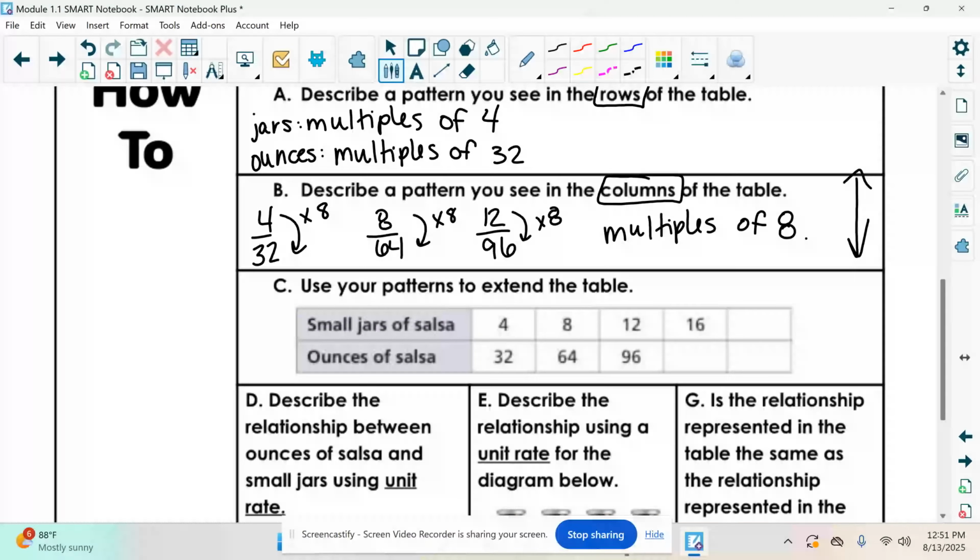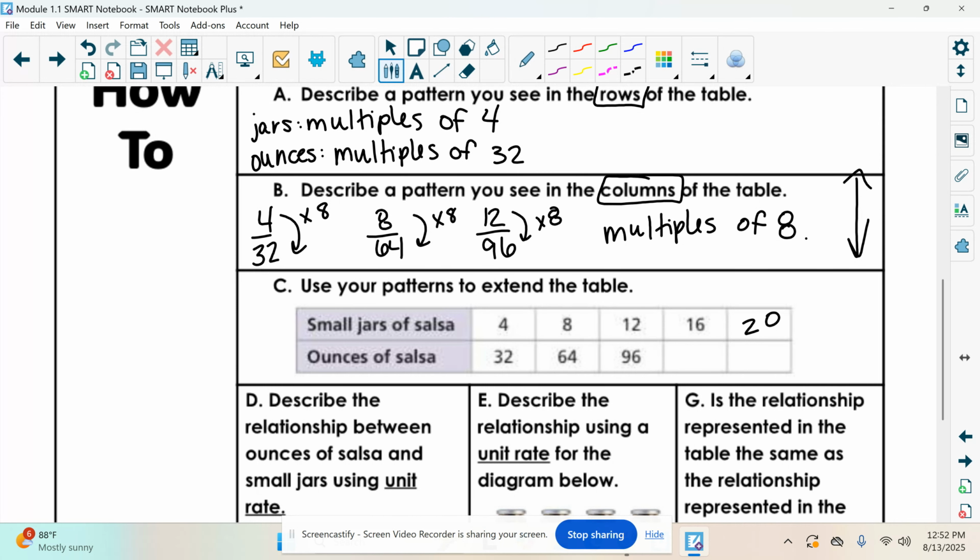What did we skip count by on the top row? 4. So 4, 8, 12, 16, 20. All right, and then on the bottom row, what did we skip count by? 32. Okay, now I may not be able to skip count by 32 really well.